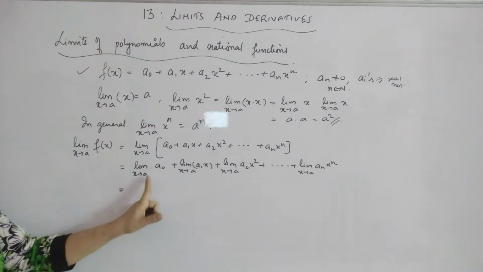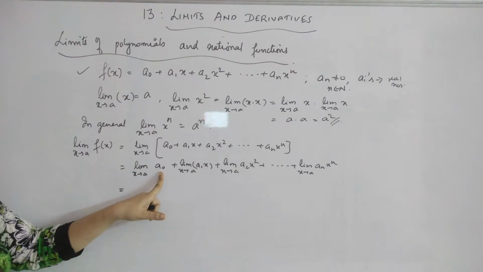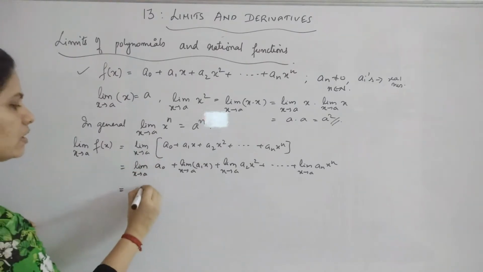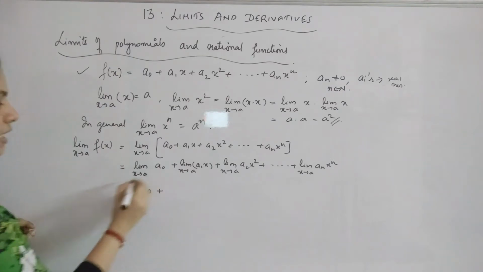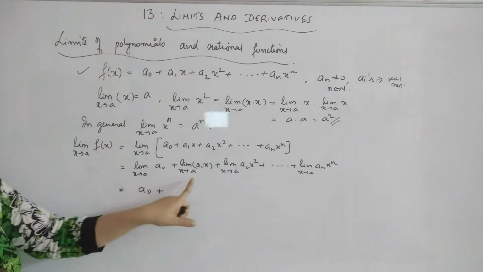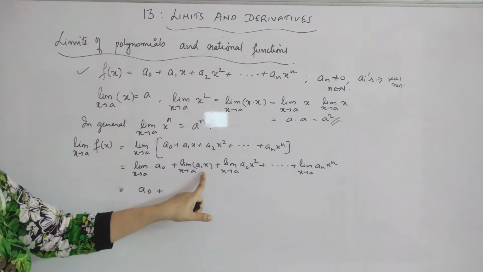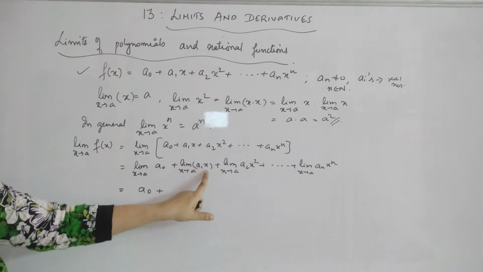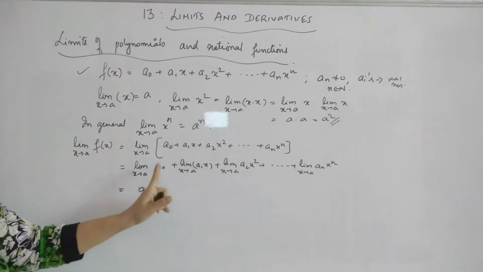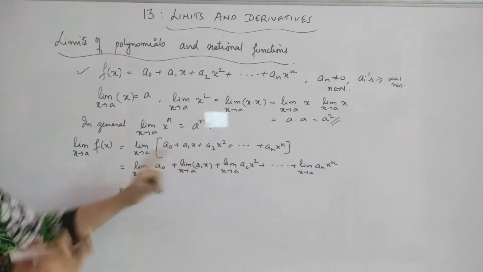Now again, this is a constant, it doesn't have any x, so we need not replace anything, it will just have that value as such, that is a naught. Now for the second term, again we have seen in a particular case of the third property, that is if you have a constant as a product of a function, you can take out that constant and then limit will be applied to the function only. So if this is lambda, you can take out.